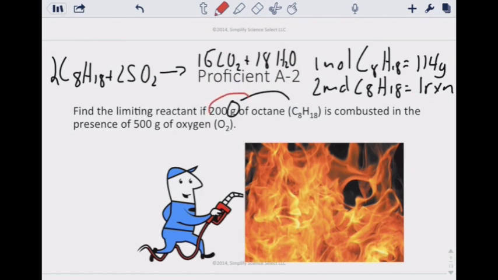Okay, we go ahead and set this up. Start with what it gives us. It gives us 200 grams of octane, so 200 grams of our C8H18.